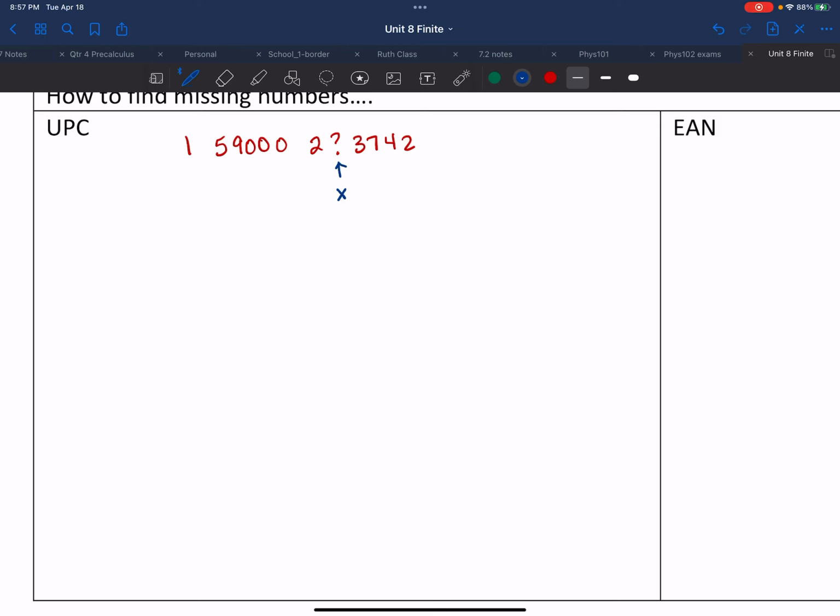So I've got 3 times 1 plus 5 plus 3 times 9 plus 0 plus 3 times 0 plus 0, so that's these three zeros, plus 3 times 2 plus x plus 3 times 3 plus 7 plus 3 times 4 plus 2.